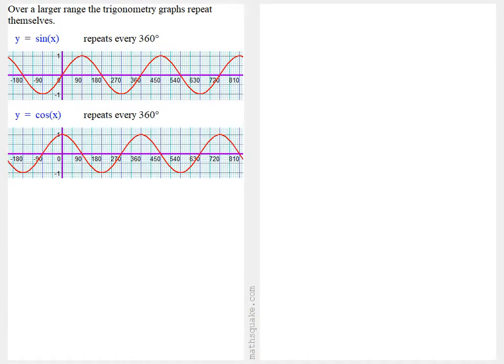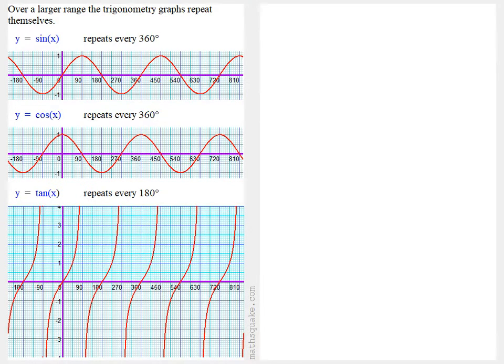Similarly, for y equals the cosine of x, it again repeats every 360 degrees. But for y equals tangent of x, it repeats every 180 degrees. Now these graphs are important, and it's worth remembering them. To solve problems, you may often have to sketch them.